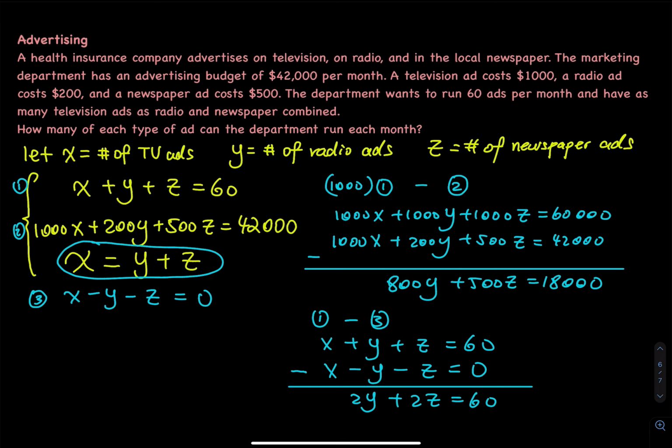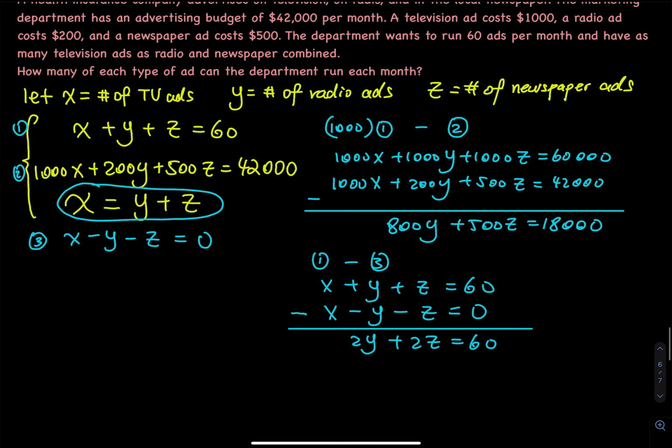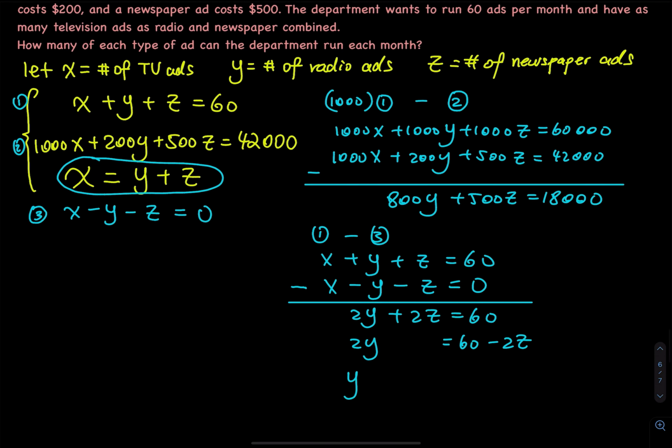Okay, and then what else can I do? Can I put the y on one side? Yeah. So I'm going to do 2y equals 60 minus 2z, and then divide both sides by 2. So y equals 60 minus 2z divided by 2, which is 60 divided by 2 minus 2z divided by 2.